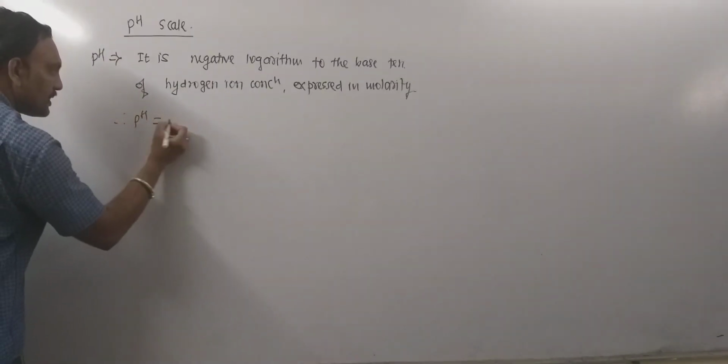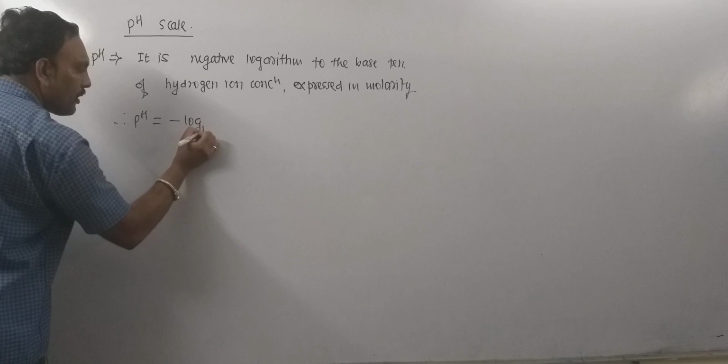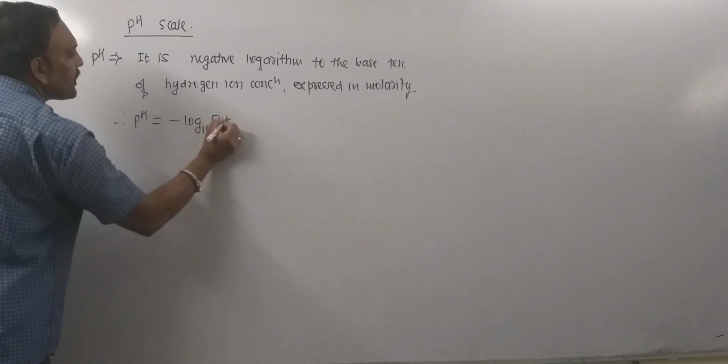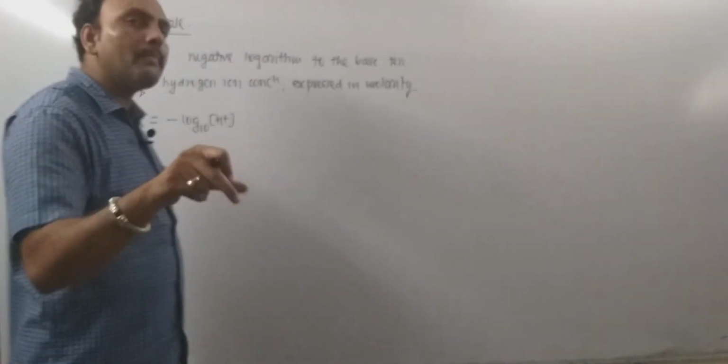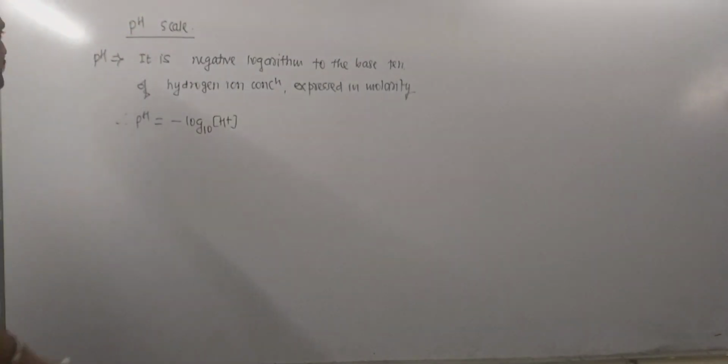Now mathematically this can be given as pH is equal to negative log base 10 concentration of H plus ion, but remember the H plus concentration must be expressed in molarities.